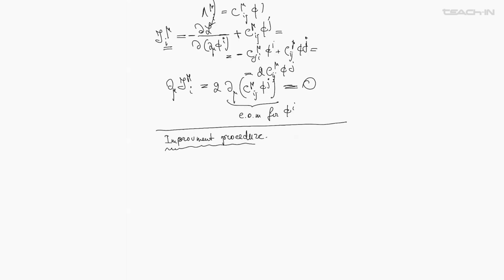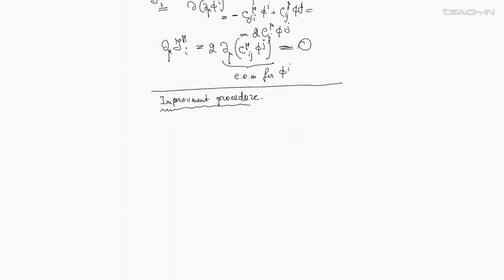The point of this discussion is that in principle, the conserved current G n mu is not uniquely defined.